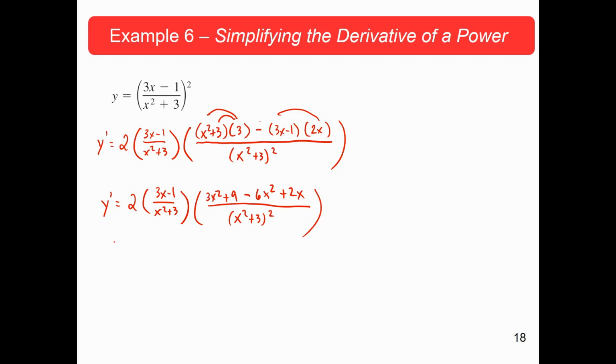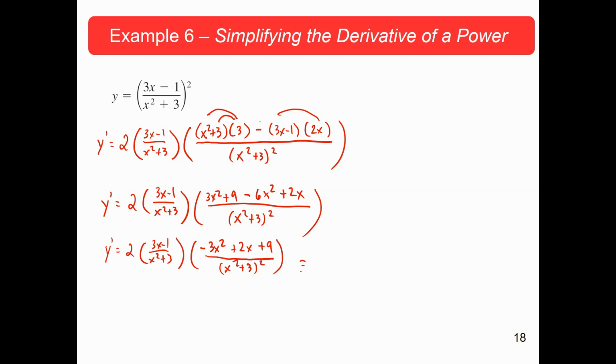So notice we're going to wind up with 2 times 3x minus 1 over x squared plus 3. We've got 3x squared minus 6x squared, which is negative 3x squared plus 2x plus 9 all over x squared plus 3 squared.